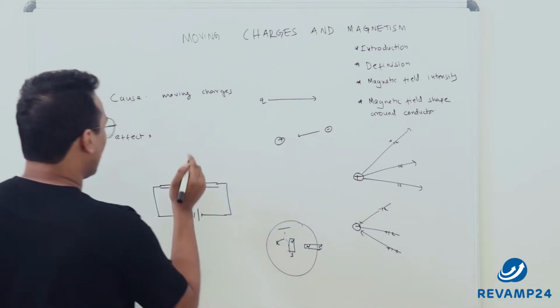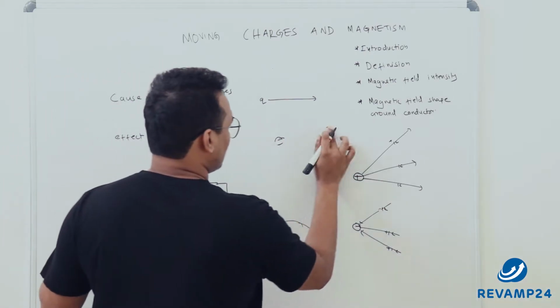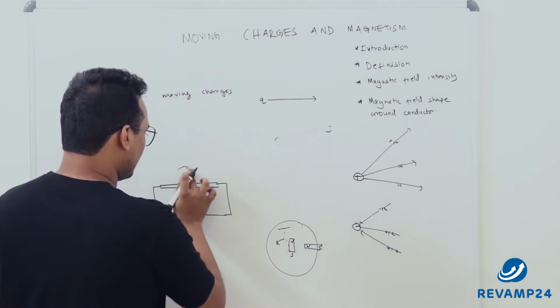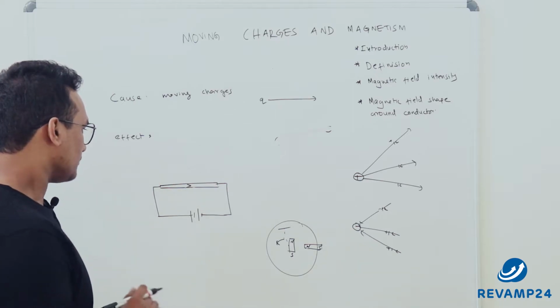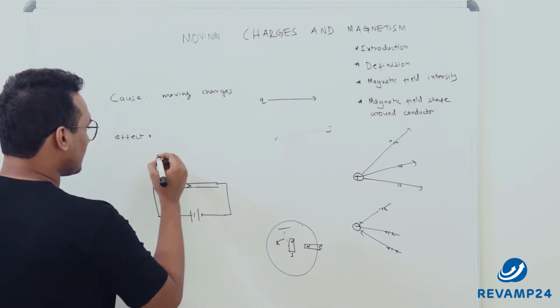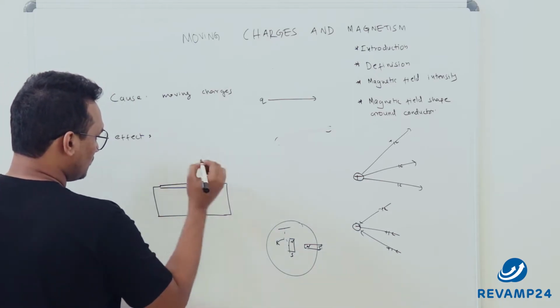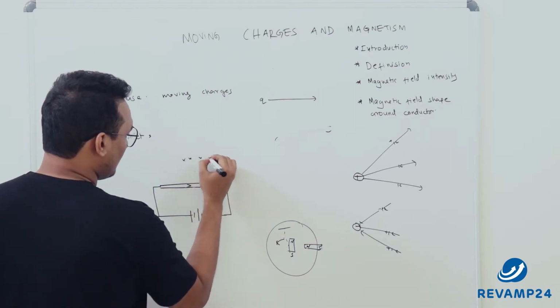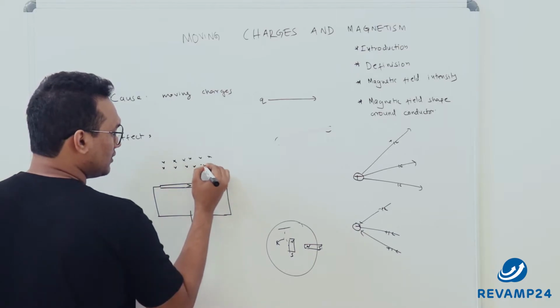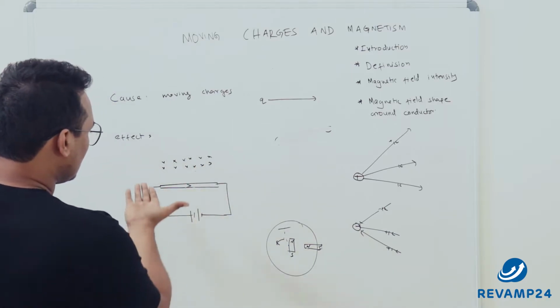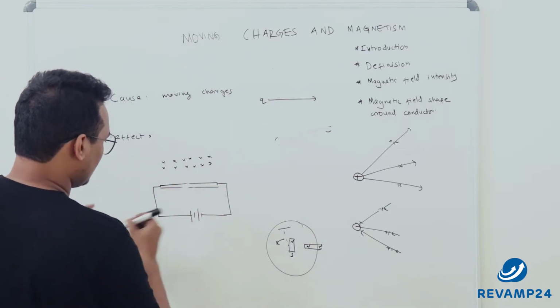Let's say we have a conductor carrying current in this way, in this direction. When there is a moving charge, there will be a magnetic field. I will explain what I mean by the into mark. Here current is going in this direction, I will make it in this direction.